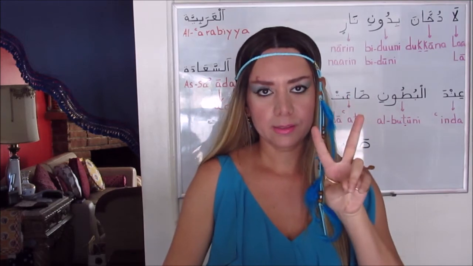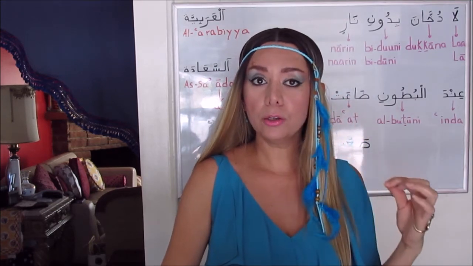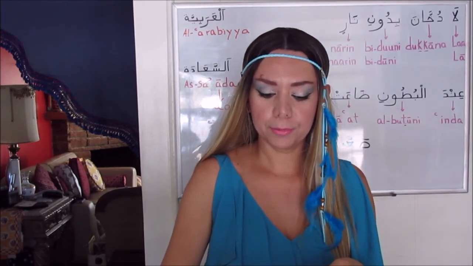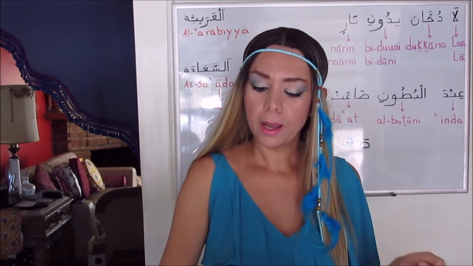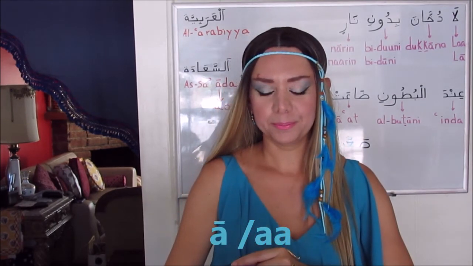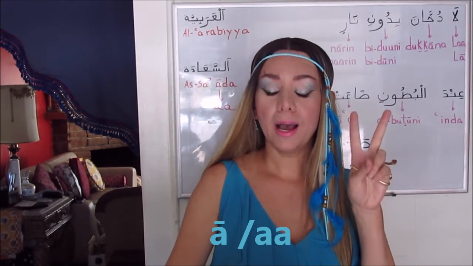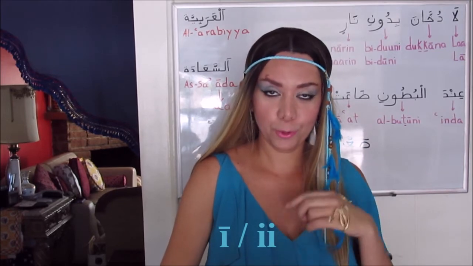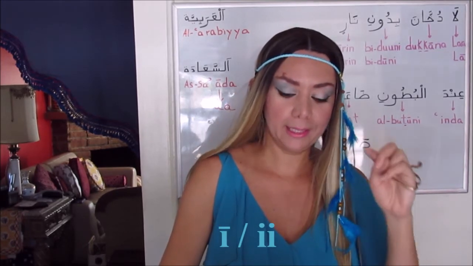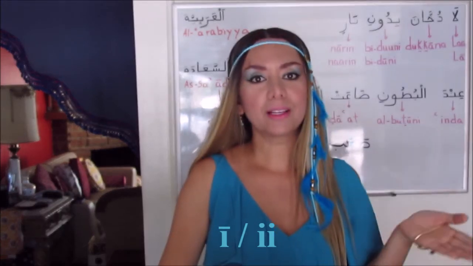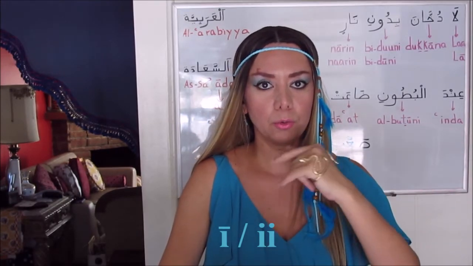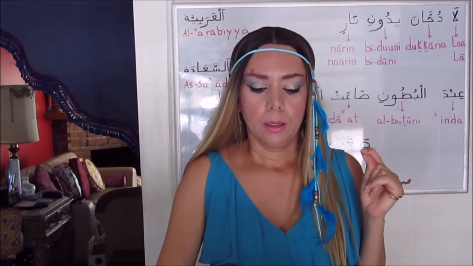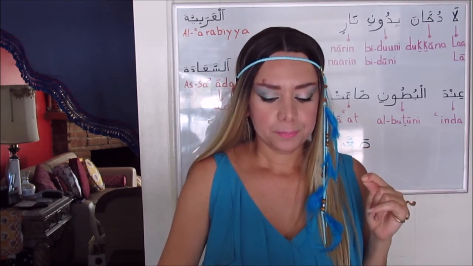Two A's, double A, for a long fatha, when a fatha is followed by a long vowel alif, or an overlined A. Double I for the long vowel kasra, when you have a kasra followed by a ya, or an overlined I. So you get rid of the dots and you draw a line on top of the I, as in deep.